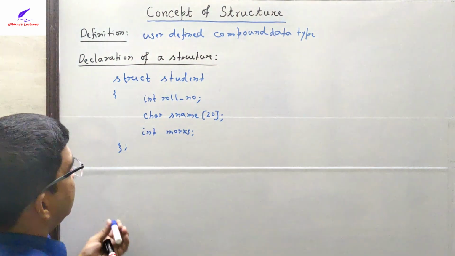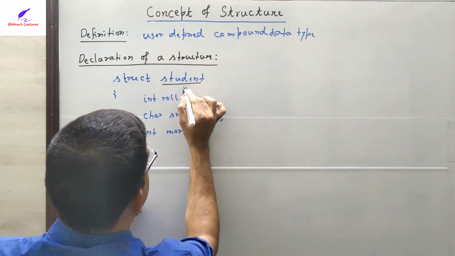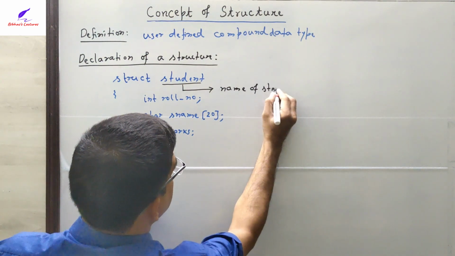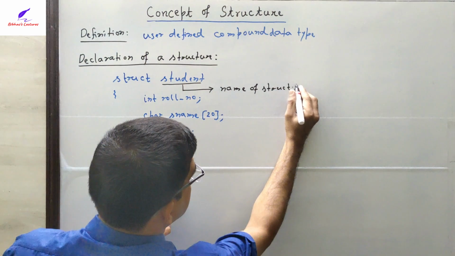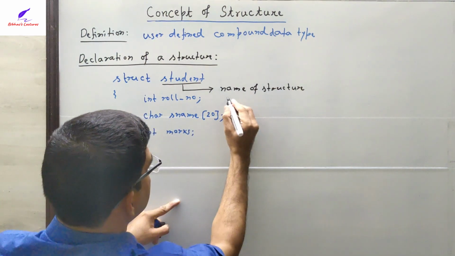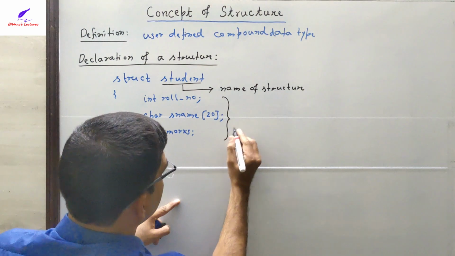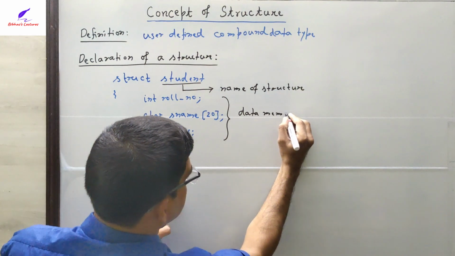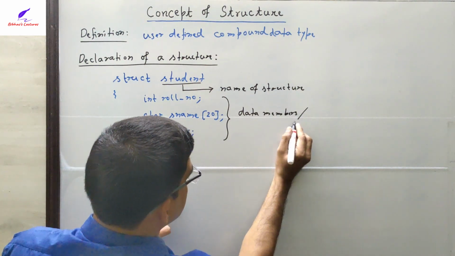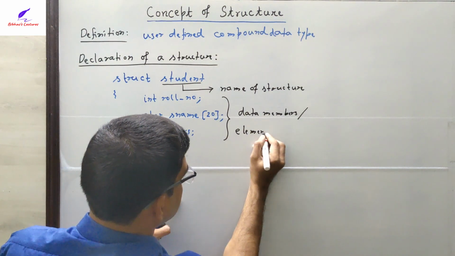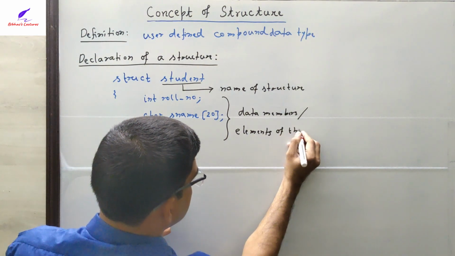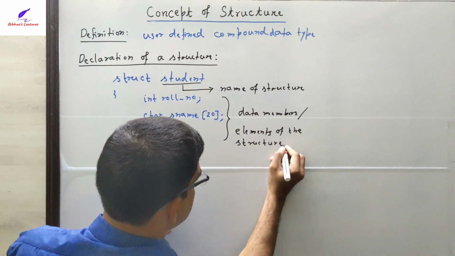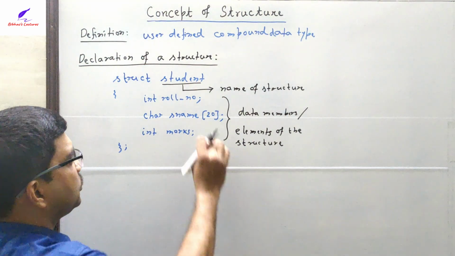Here student is actually the name of the structure, and these 3 things are called data members or elements of the structure.